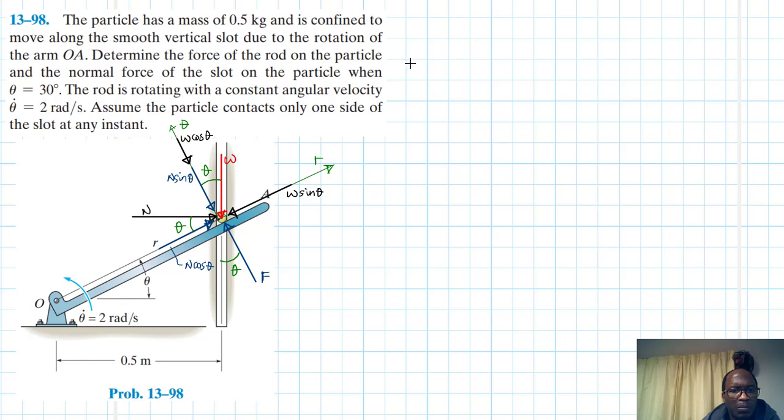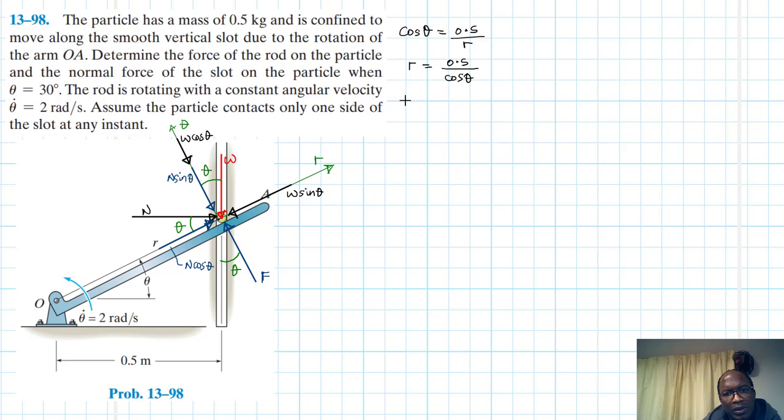Let's work out what r is. We can use trig to say cos theta is equal to adjacent, which is 0.5, divided by r, which is the hypotenuse. Therefore, r is just equal to 0.5 divided by cos theta.